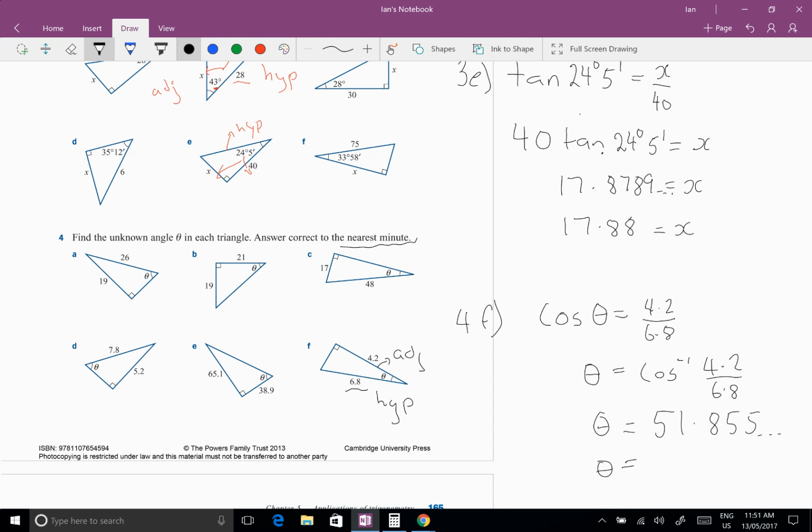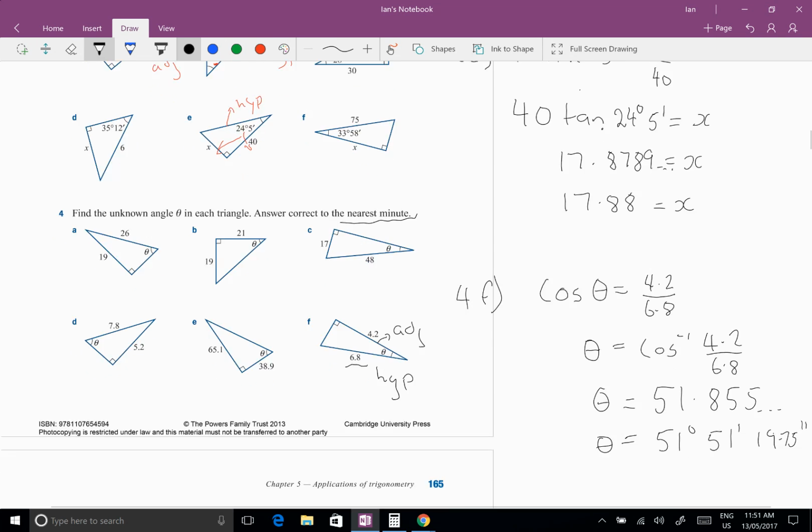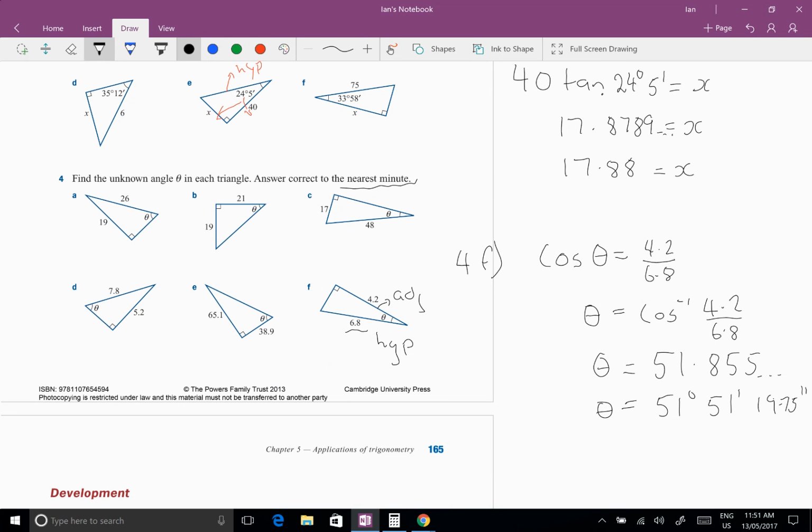Well, that's really easy because I just press my degrees minutes button, which is 2 buttons above the 8, and I get 51 degrees, 51 minutes, 19.75 seconds. So the nearest minute, I now look at this.